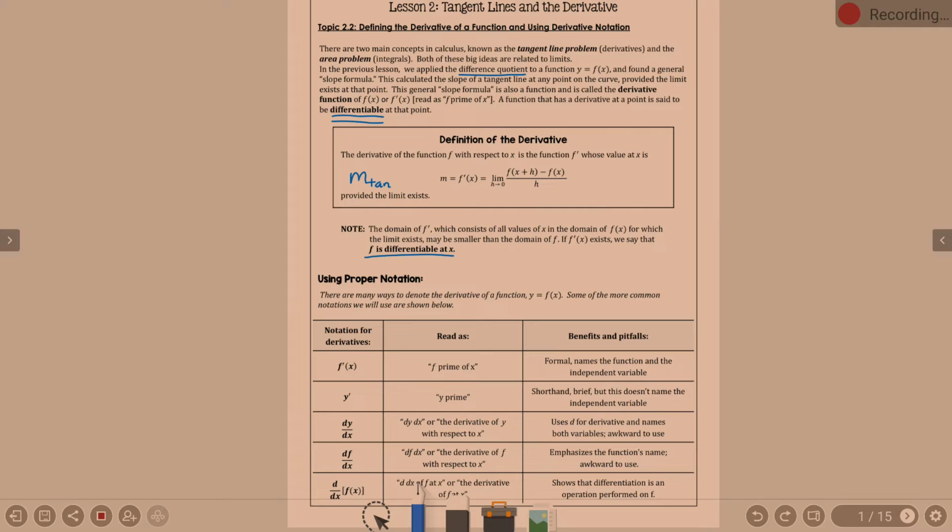That would not be the same as the vocabulary word derivative. Yes, they sound alike, but they have two different meanings.